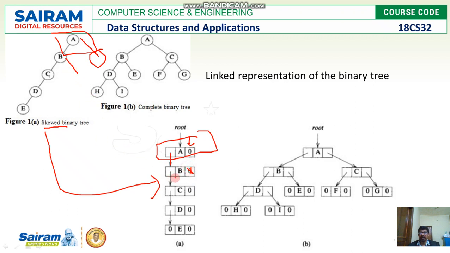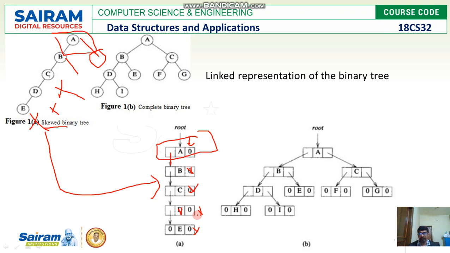B has a left child, which is C. C does not have any right child, so this is again null. C has a left child, which is D, and D does not have any right child. Same for E, which does not have a right child. So we have successfully represented a skewed binary tree in a linked representation.